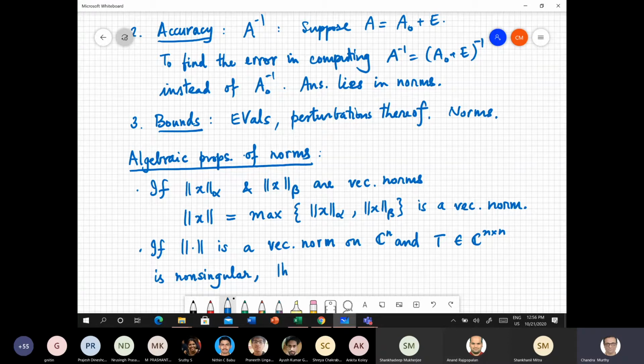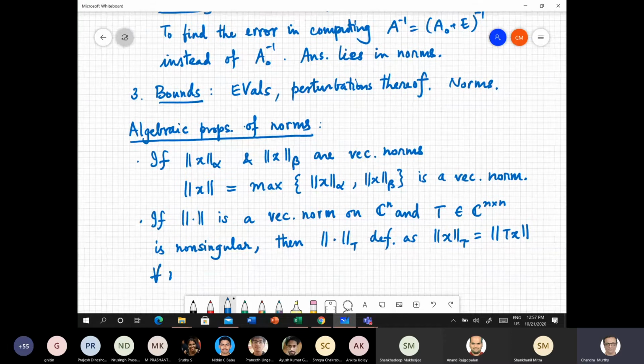Then if I define this, so we'll call it the T norm, this is equal to the norm of Tx, then for any x belonging to C to the n, it is a vector norm.